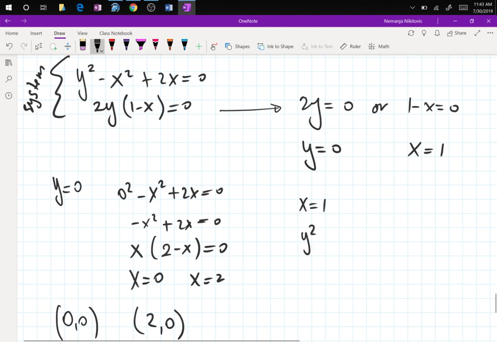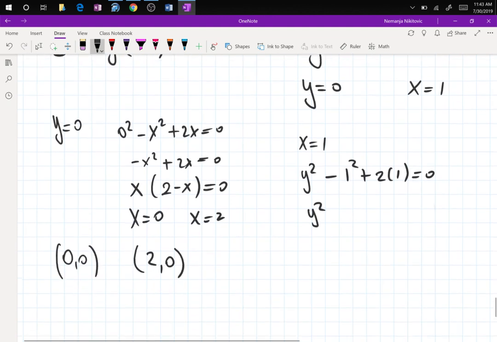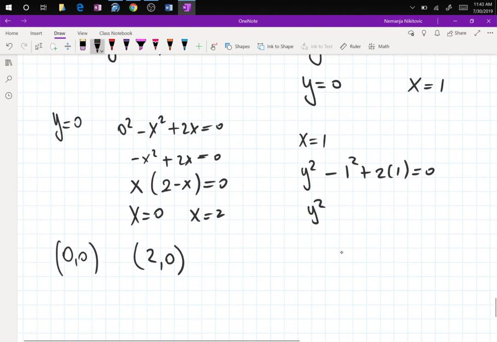That's y squared minus 1 squared plus 2 times 1 equal to 0. y squared minus 1 plus 2 equal to 0. y squared equals negative 1. And if y squared equals negative 1, there's no solution. So x equals 1 doesn't give us a solution.